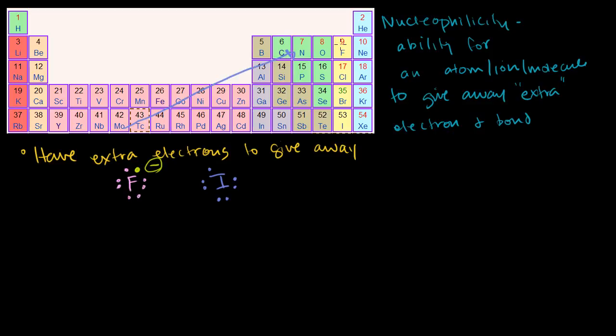So fluorine is extremely electronegative, but iodine is still pretty electronegative. It is a halogen, so it might be able to swipe an electron from someone else and become iodide. So in general, things with extra electrons, lone pairs of electrons, and especially a negative charge, are going to be pretty good nucleophiles.